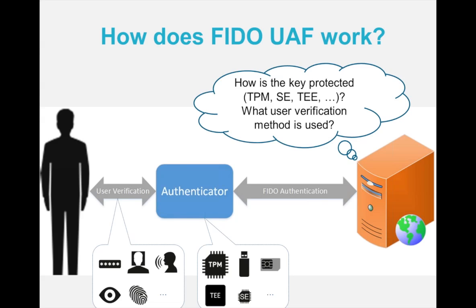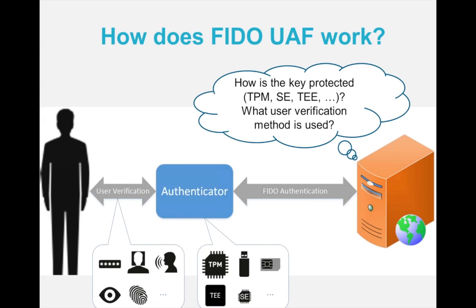Now, I said we can use various user verification methods and various ways to implement the authenticator. Now, the security of authentication depends on the user verification method and on the implementation of that authenticator. It's different to implement an authenticator in just normal software running in a rich operating system like Windows or Android, or using a TPM or a secure element or a TEE, trusted execution environment, to implement the authenticator in.